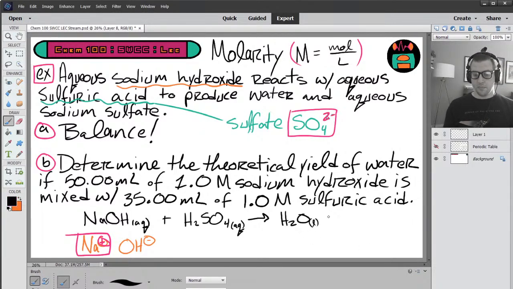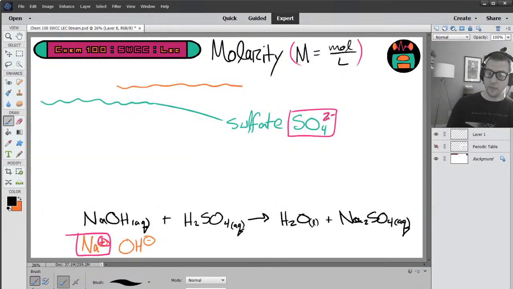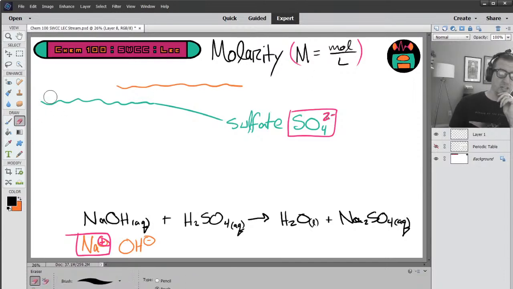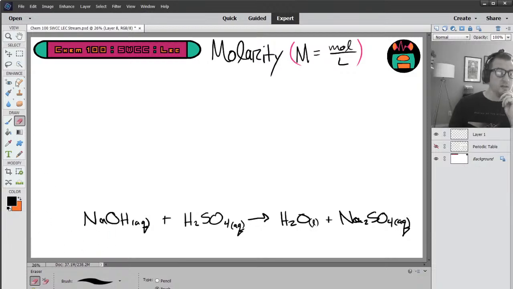So this will be plus Na2SO4, also in the aqueous phase. All right. Now, this may not necessarily be balanced, but this is our chemical equation with reactants and products written out. So we need to see if it's balanced, and if it's not, we need to make it so.